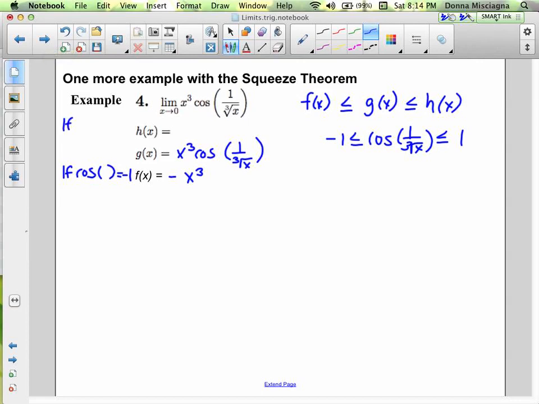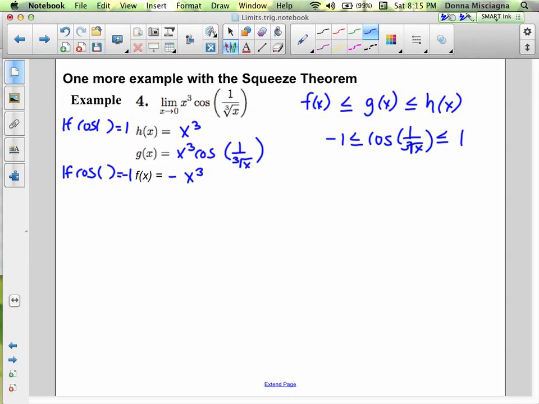Cosine's largest value is positive 1, and that would make it x cubed. Right? We know that x cubed times cosine blop there has to be between those two functions, because cosine has to be between negative 1 and 1. So when we multiply this cosine blop by x cubed, the most it could be is x cubed, and the least it could be is negative x cubed.